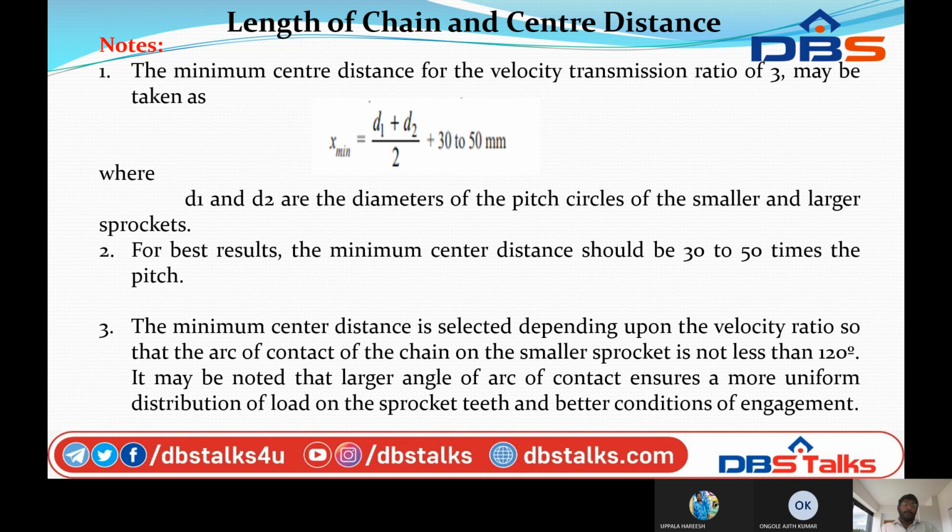Note, the minimum center distance for a velocity transmission ratio of 3 may be taken as X minimum is equal to (D1 plus D2) by 2 plus 30 to 50 mm, where D1 and D2 are the diameters of the pitch circle of the smaller and the larger sprockets.